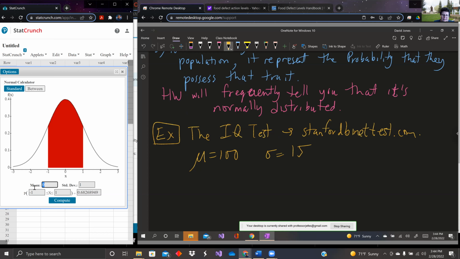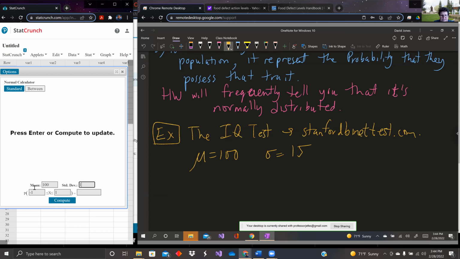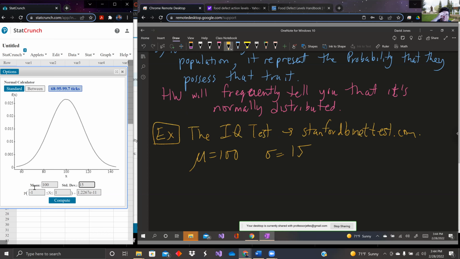So if I put that in here, you can see what the distribution looks like. Something nice that StatCrunch shows you: see these 68, 95, 99.7 ticks?